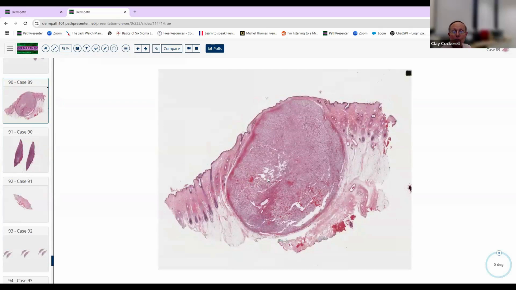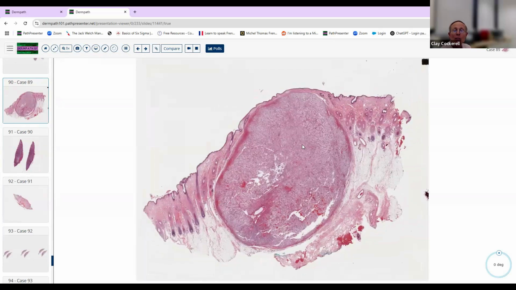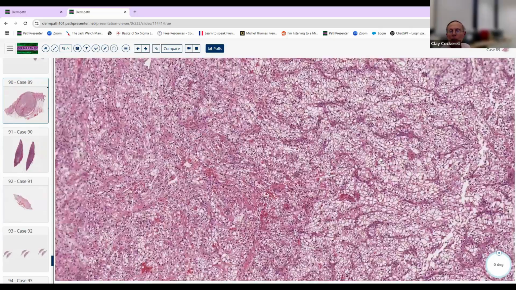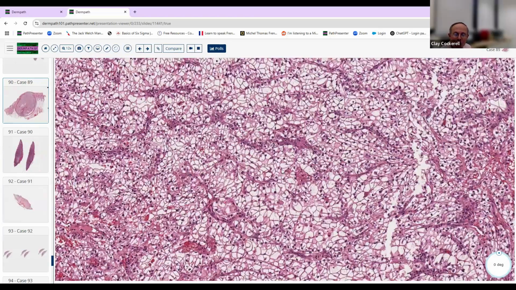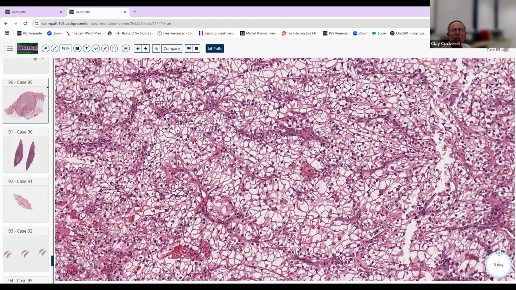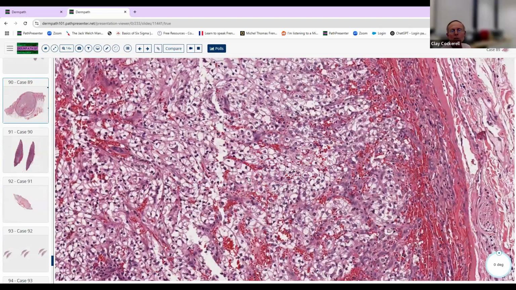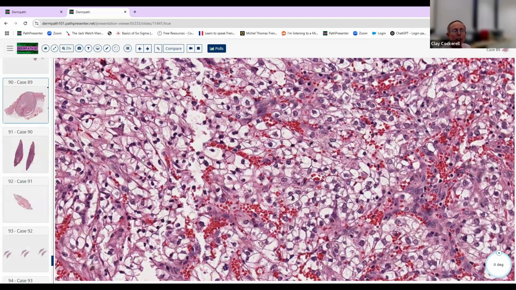Okay, 89. We've got a biopsy that shows a round nodule sitting here in the dermis. It's got pale cells with lots and lots of blood vessels. Pale plus blood vessels doesn't look like any typical adnexal tumor. Certainly doesn't look like a typical hidradenoma. There's no ductal differentiation. There's actually the formation of these little nephrons here.